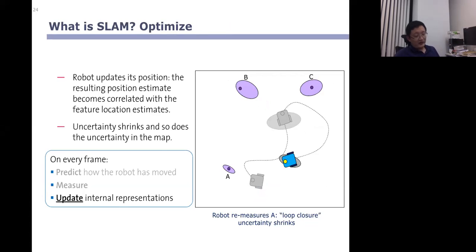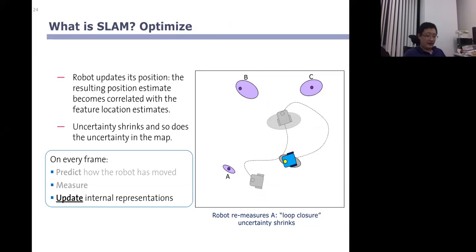So does the uncertainty of the map, right? That's the effect of the SLAM system in terms of the Bayesian process.